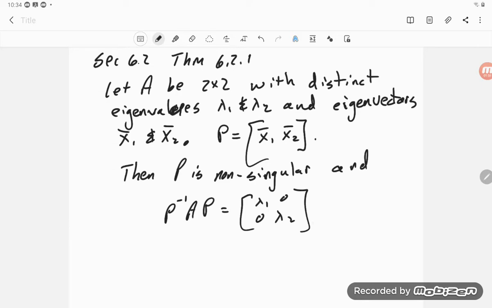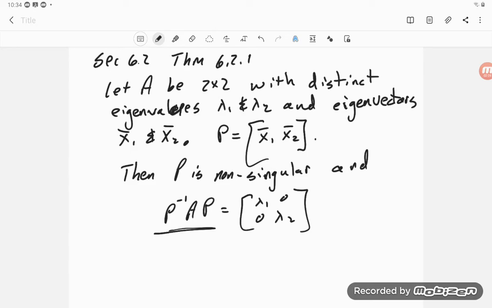So that's a biggie, right? This says if I find the eigenvalues of a 2 by 2 matrix and they are distinct, lambda 1 is not equal to lambda 2, then I can do this transformation to get a diagonal matrix.